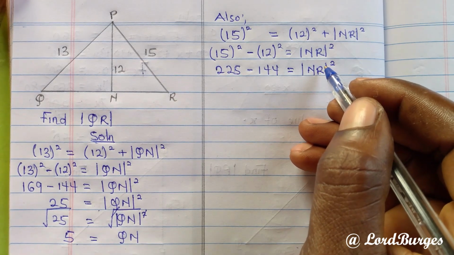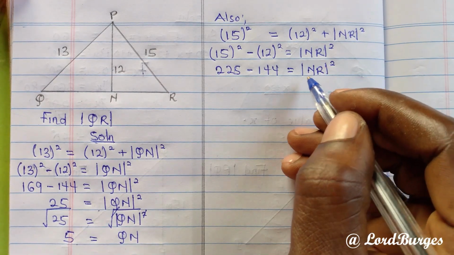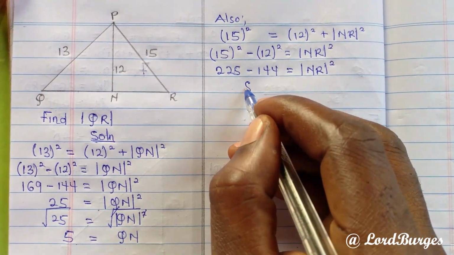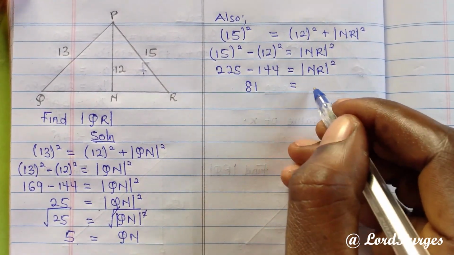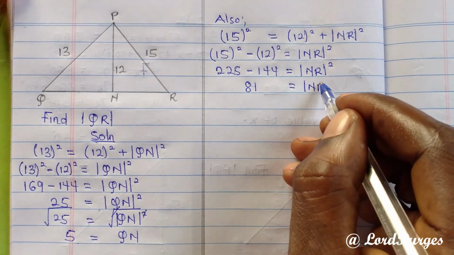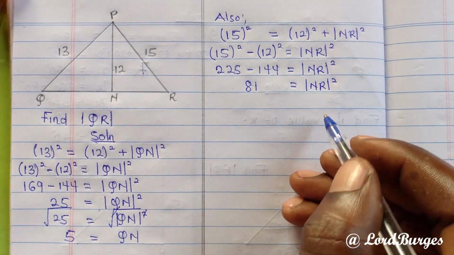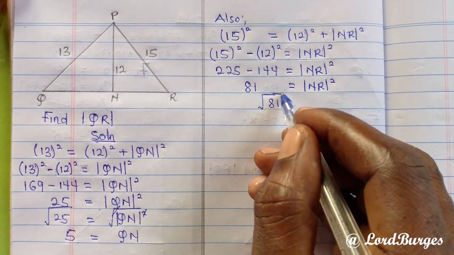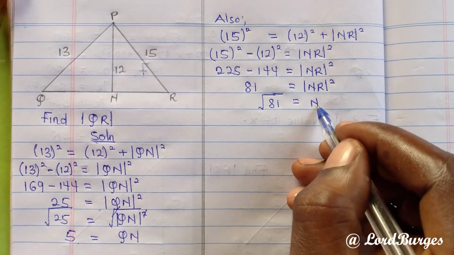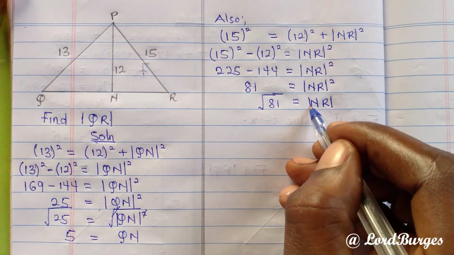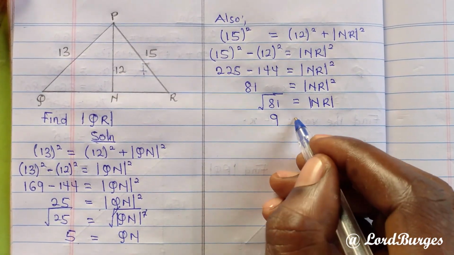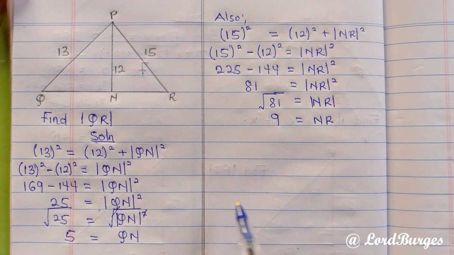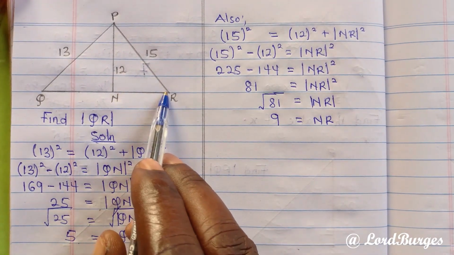So 225 minus 144 will be 81 is equal to NR squared. So root of 81 should be equal to NR. Therefore 9 is equal to NR. So now we know NR is 9.